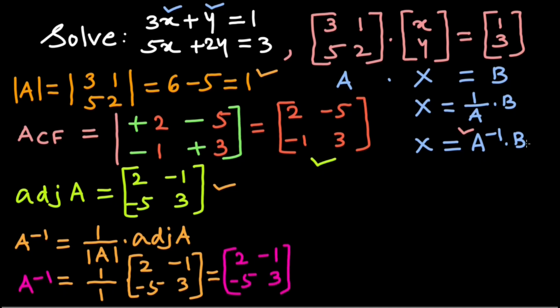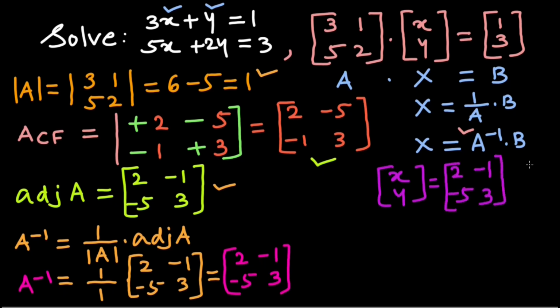Now we write this x as the column matrix of variables x, y. Matrix A inverse is 2, minus 1, minus 5, 3, multiplied by matrix B, which is column matrix 1, 3.